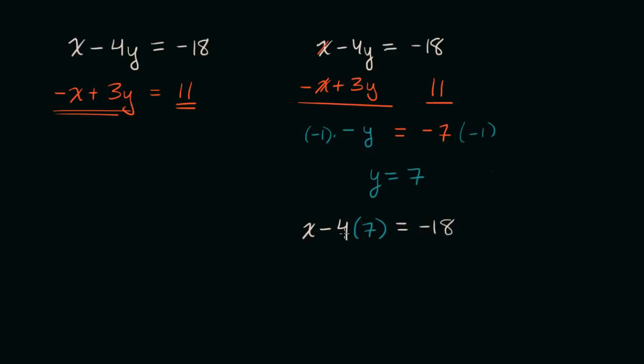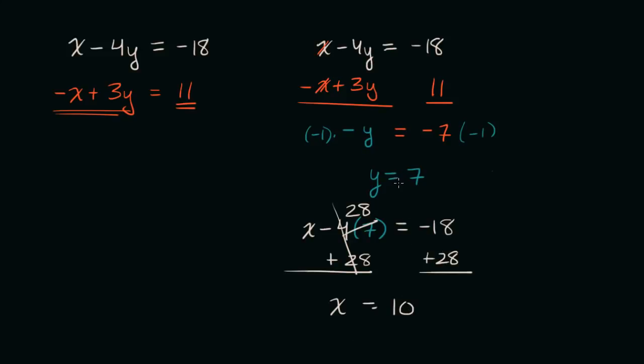So 4 times 7 is 28. To solve for x, I can add 28 to both sides. On the left-hand side, negative 28 and positive 28 cancel out. I'm just left with an x. And on the right-hand side, negative 18 plus 28 is 10. So there you have it.